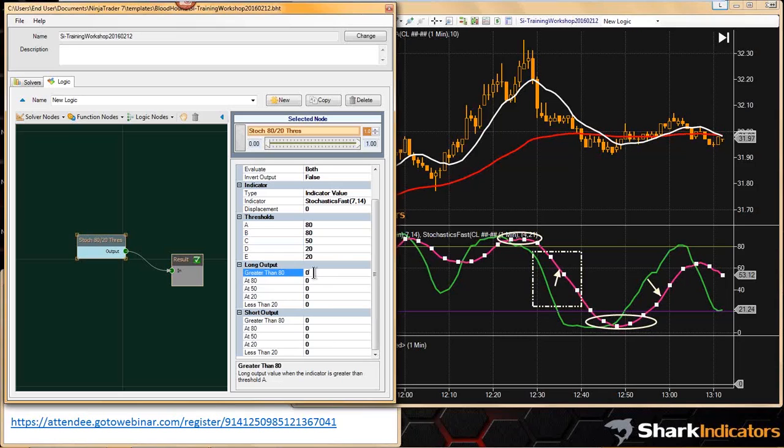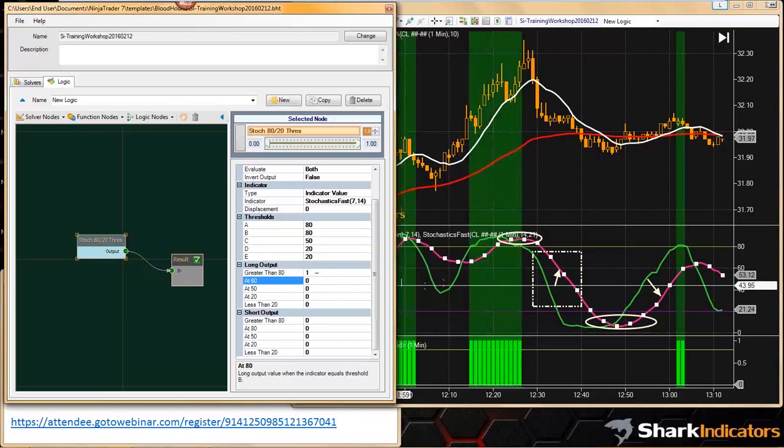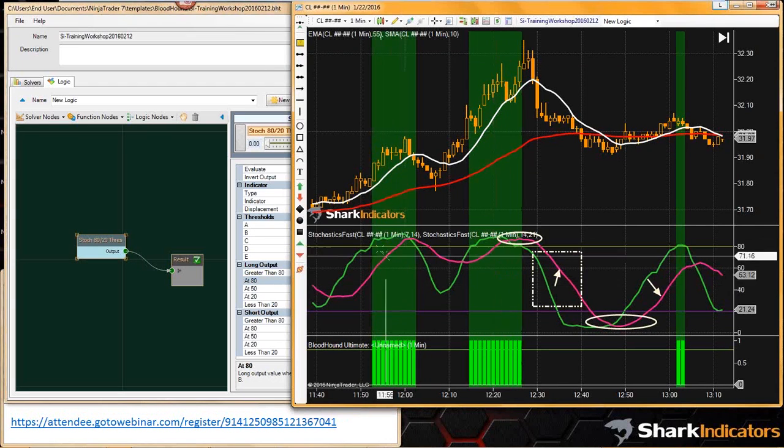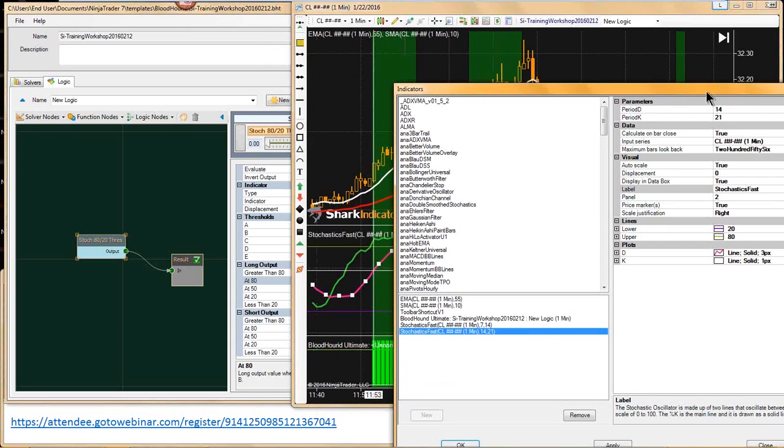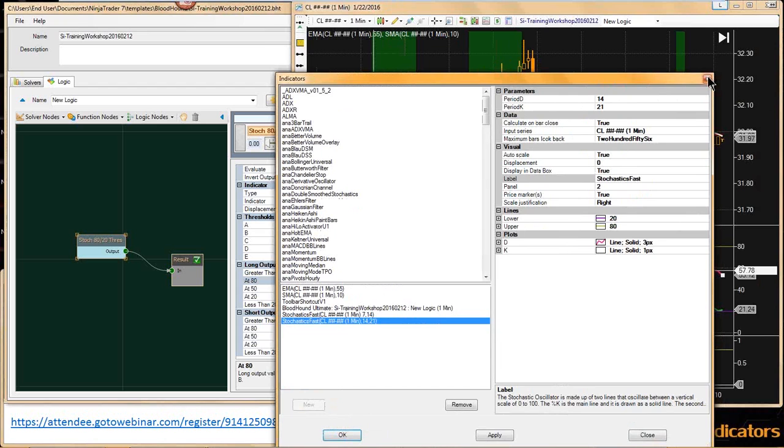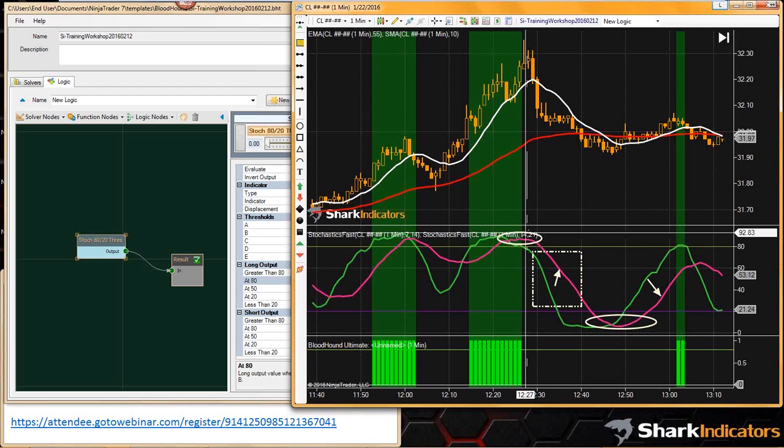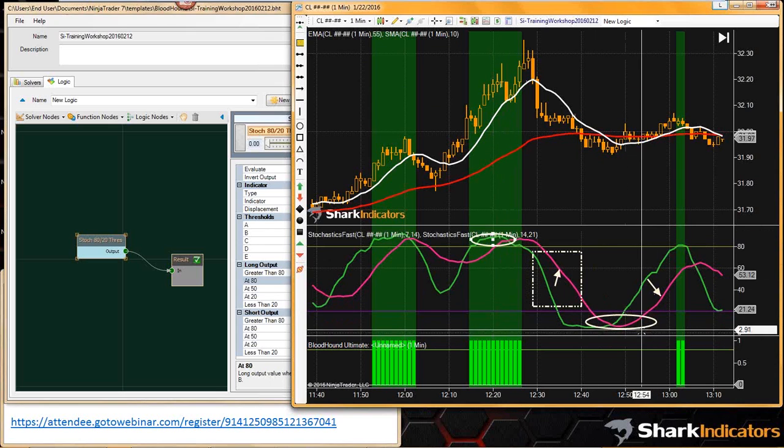Now, let's see, what was being used is that when the stochastics is above 80, we want a long signal here. Right, so, oh, you know what, sorry. It's not the red line, it is the green line.